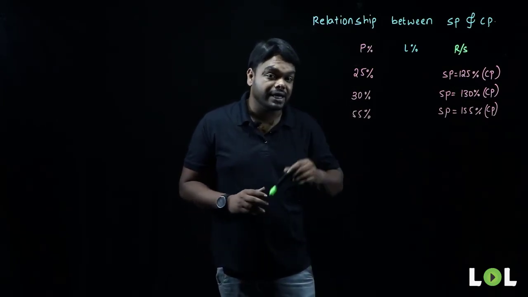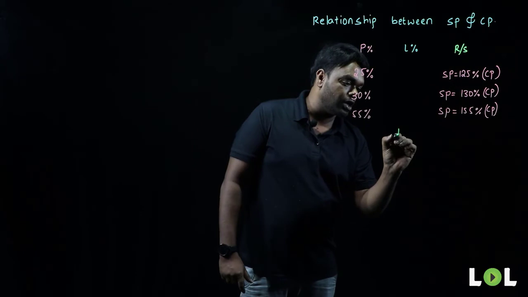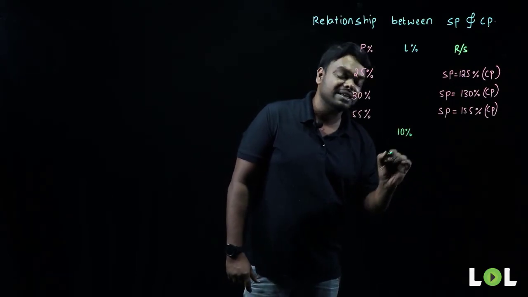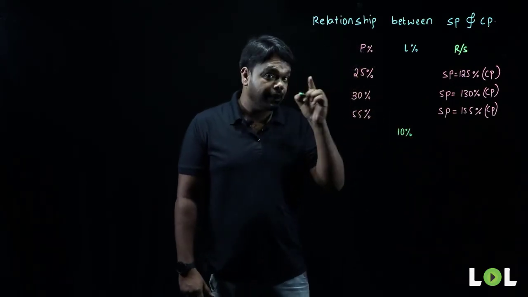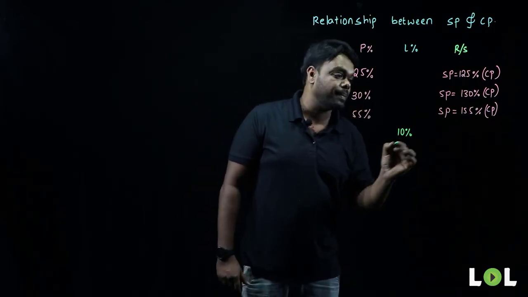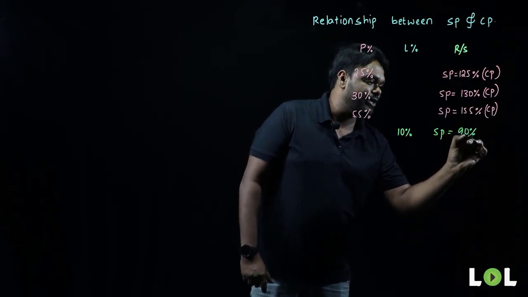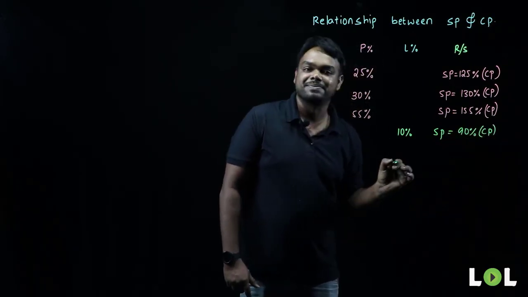Now what happens when there is a loss? Let us look at that as well. Suppose I say there is a loss of 10%, what does that mean? It means selling price is 10% less than the cost price. Then what should be the relationship? Selling price is equal to 90% of cost price.